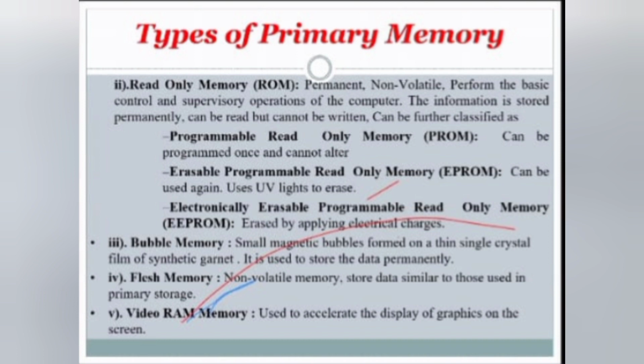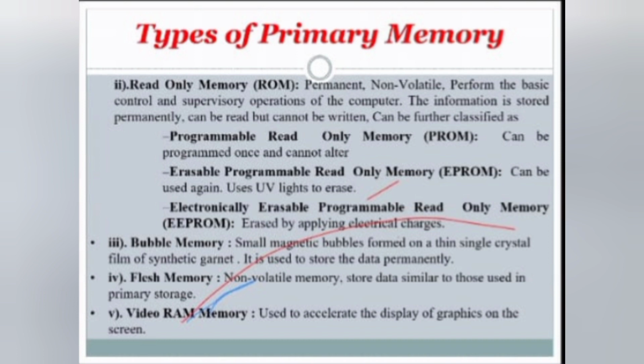And again we have bubble memory. It says that small magnetic bubbles are formed on a thin single crystal film of garnet. It is useful for storage of data permanently. So bubble memory is used for permanent data storage.